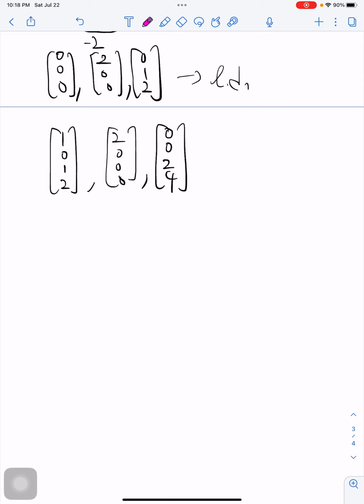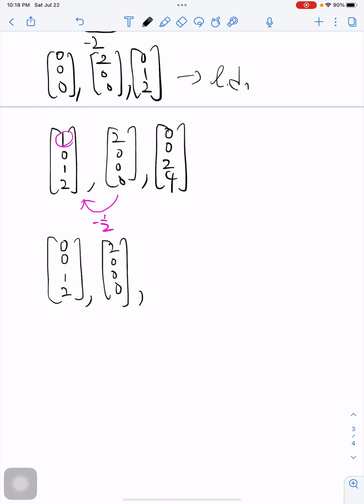First, I notice that I can remove the first component by multiplying the second one by -1/2. So I end up with (0, 0, 1, 2), (2, 0, 0, 0), (0, 0, 2, 4). This is the first linear combination I have carried out.